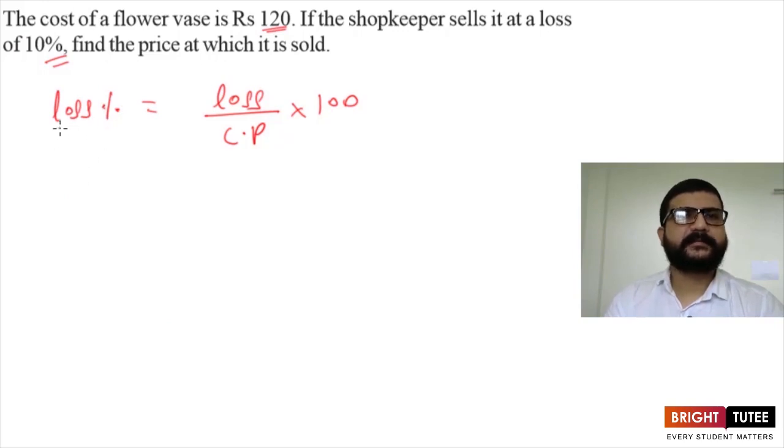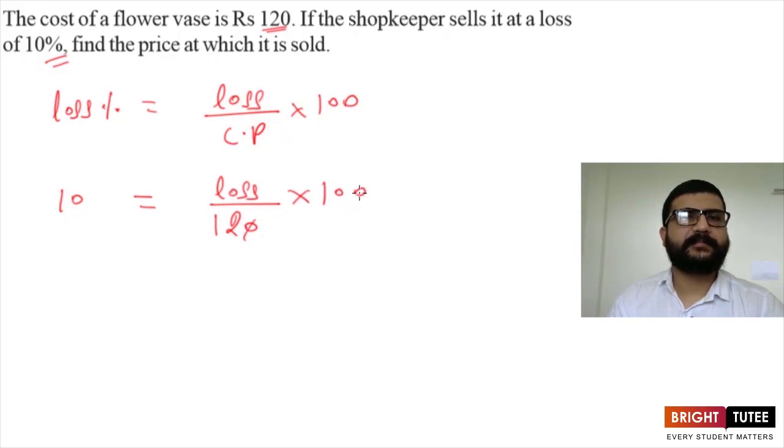Loss percent is 10 and this is equal to loss upon CP, and CP is 120, into 100. We can simplify this. Now what else can we do? We can transpose this 12 here and 10 here.